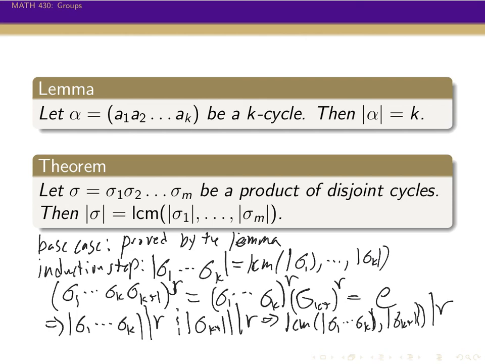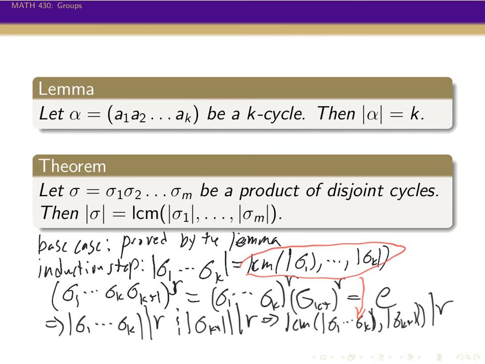And we know that the order of sigma 1 through sigma k is the LCM of all of those, and so plugging that in here, our LCM gets plugged into there, which gives us the LCM of all of them has to divide r.